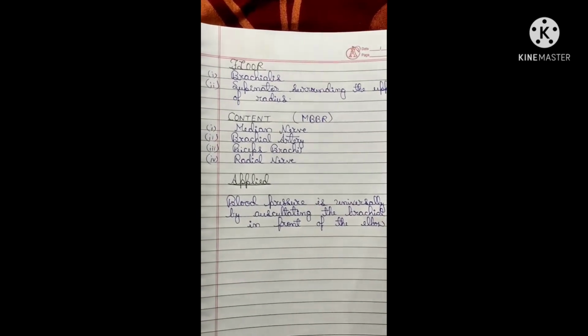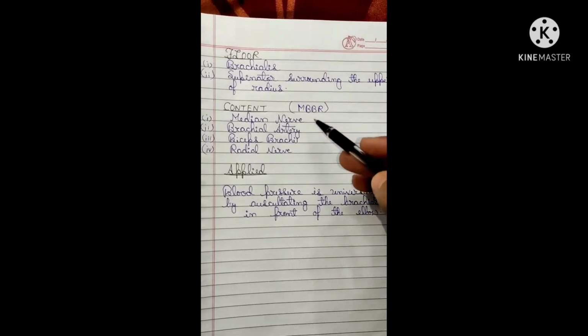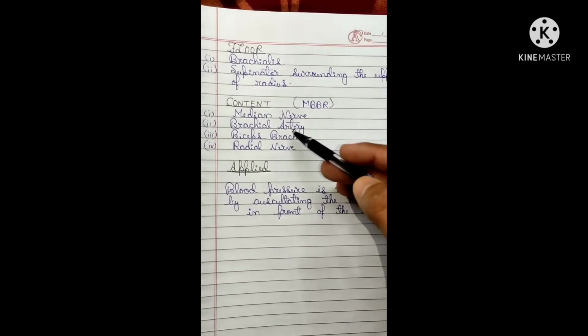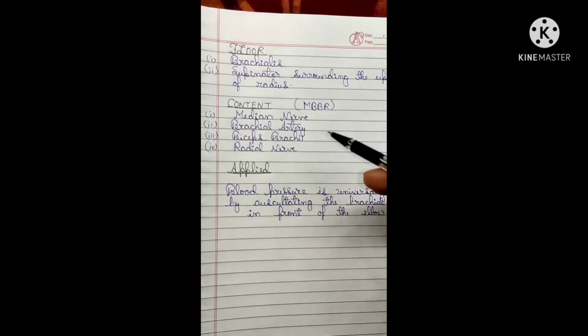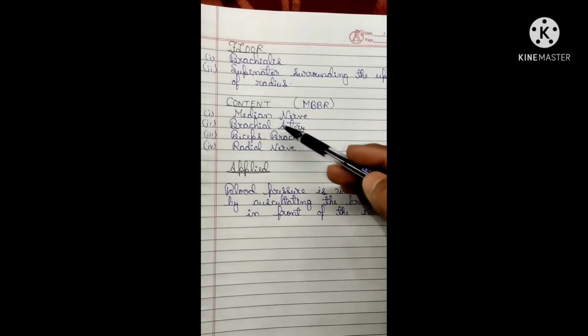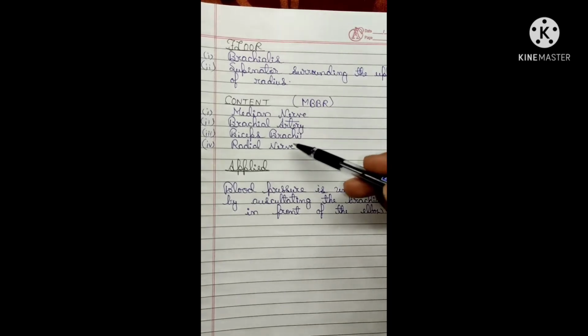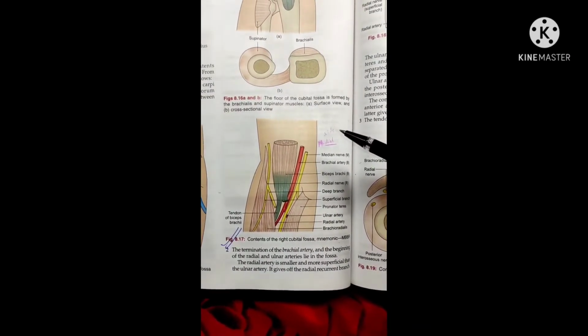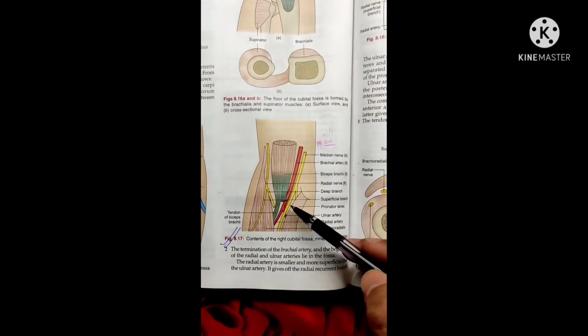What is the content of cubital fossa? Its code in mnemonics is MBBR. That is median nerve, brachial artery, biceps brachii tendon, and radial nerve. This is the content of cubital fossa.